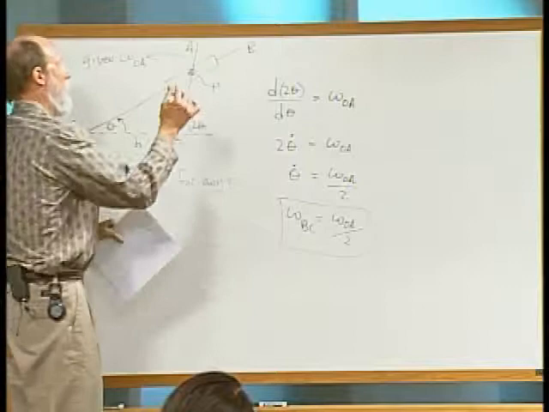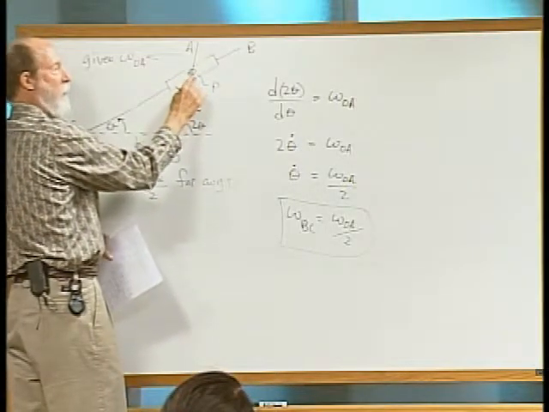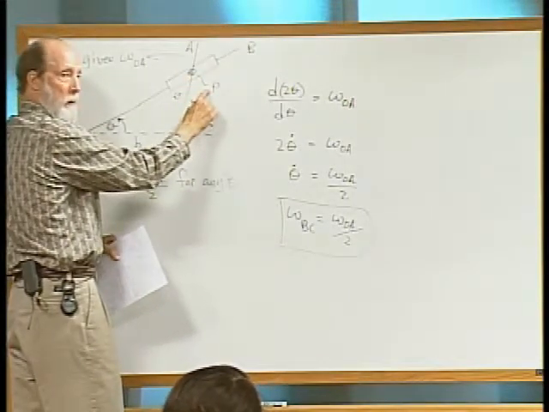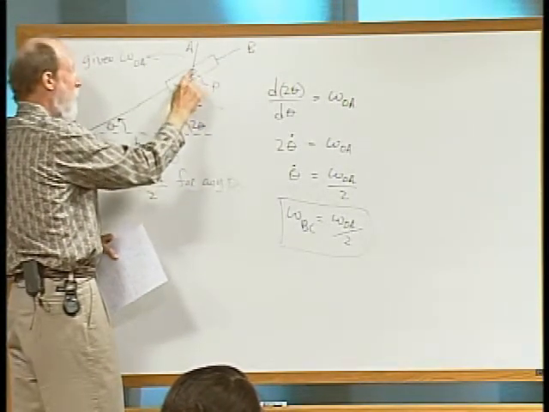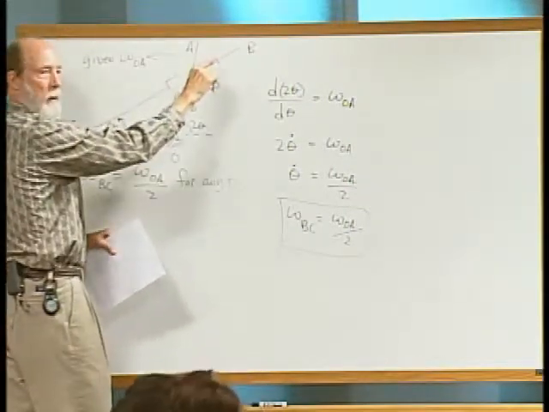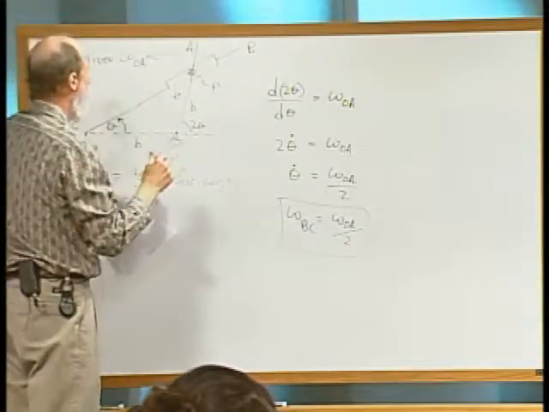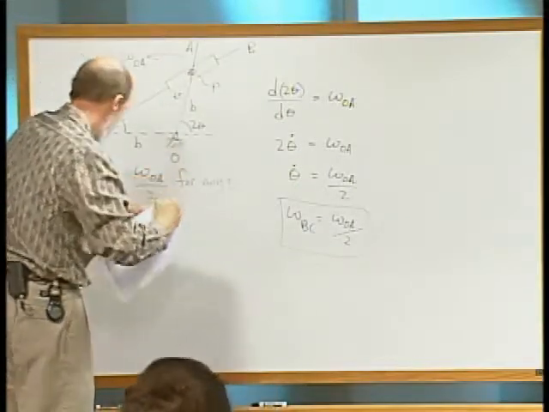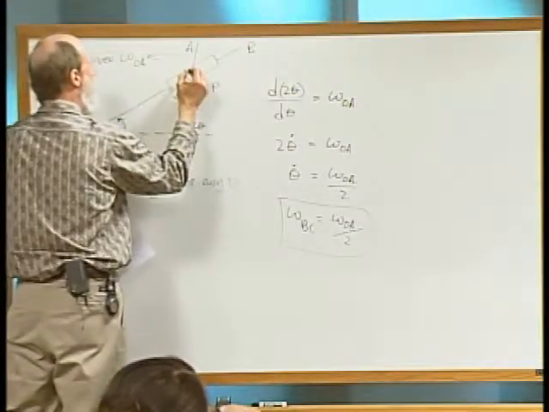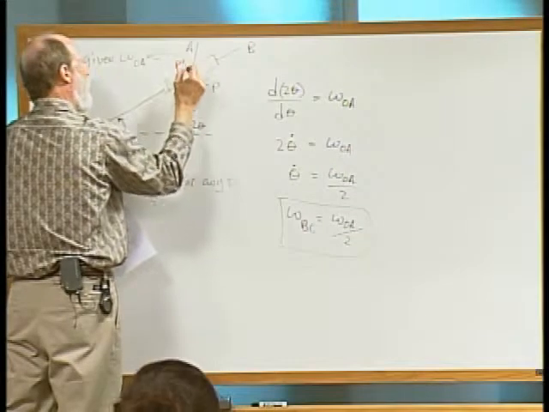One really common way is to momentarily imagine that there's another point that's instantaneously coincident with point P. It's sitting right there where P is, but it's part of the other member and stays part of the other member. So I'm going to put another point on there, and we'll call it P prime.